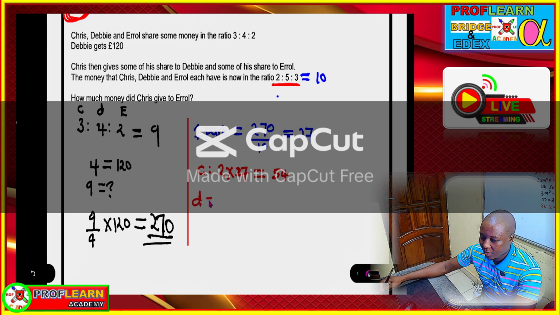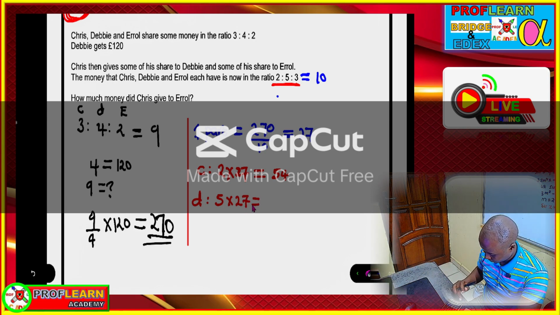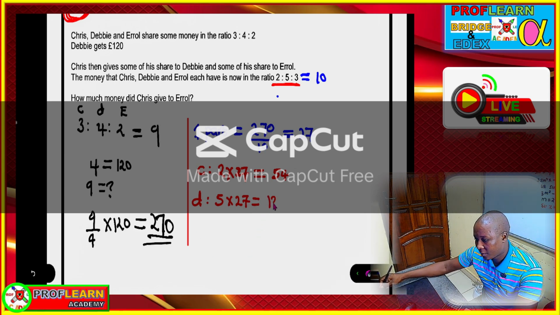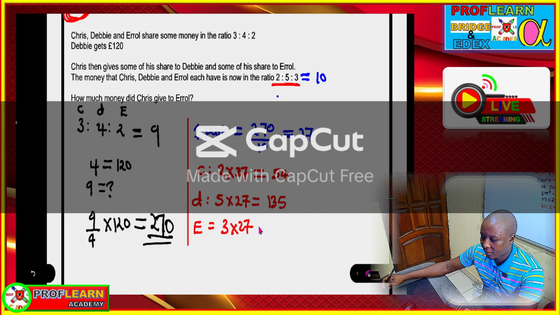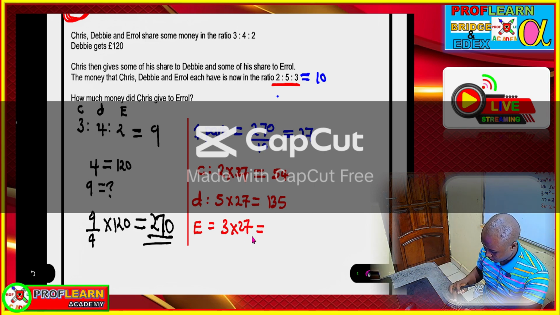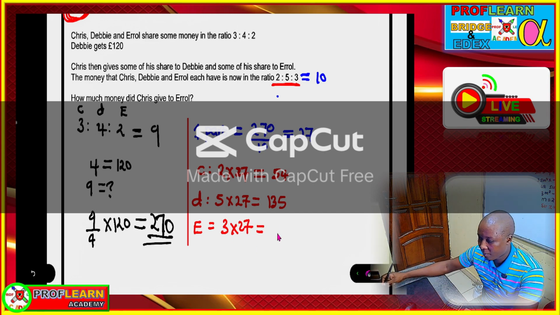Debbie in this case is going to be having 5 times 27. That's going to be what? 135. And then Errol is going to be having 3 times 27. It's going to translate to 81.